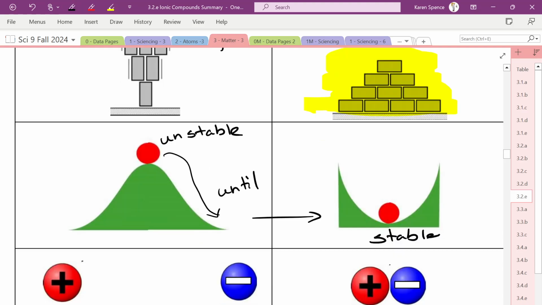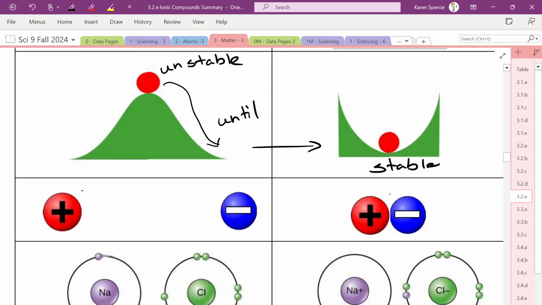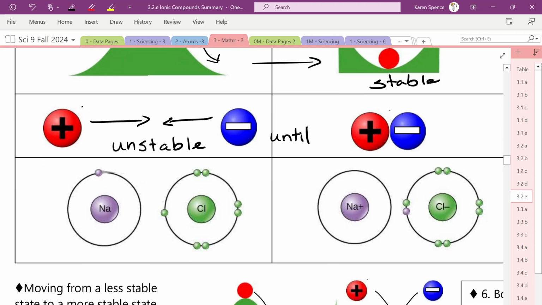And if you put a positive and a negative far apart, is that stable or unstable? Unstable. So naturally, just like the ball will roll down the hill, what's going to happen to that positive and negative if we put them anywhere near each other? So they move together until they're right beside one another.